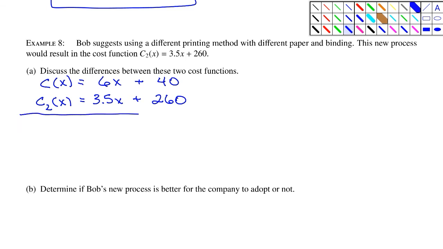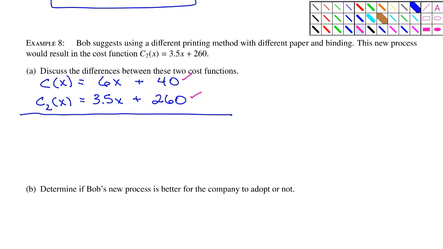All right, here are the answers that I was able to come up with. So if I look at the two equations, the first thing I notice is we have a 40 here and a 260 here. These numbers represent the cost that is incurred when you print 0 books. They call that the initial cost or the fixed cost. It is the cost associated with doing something, in this case printing, that does not rely on the amount of items you are producing.